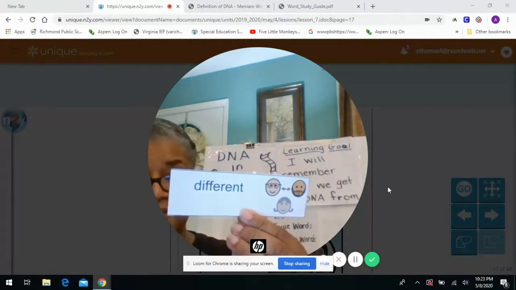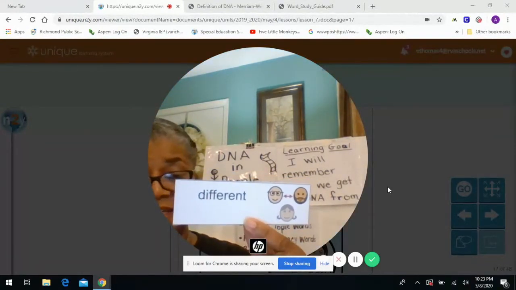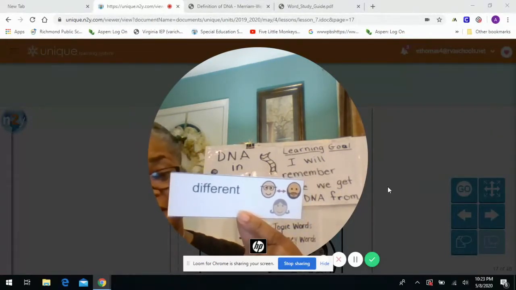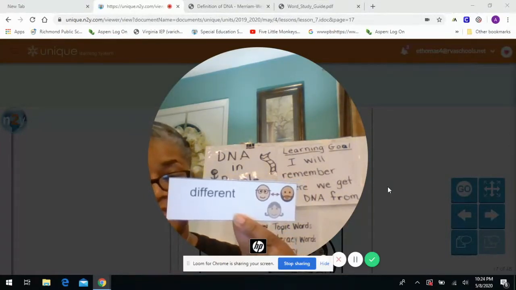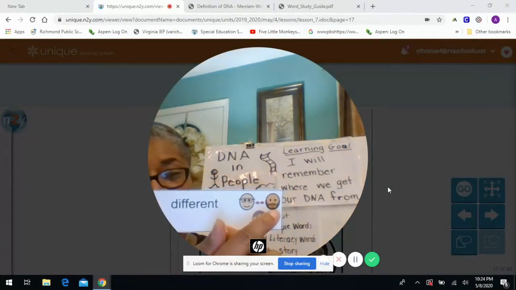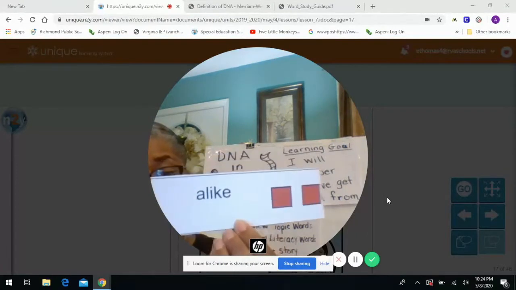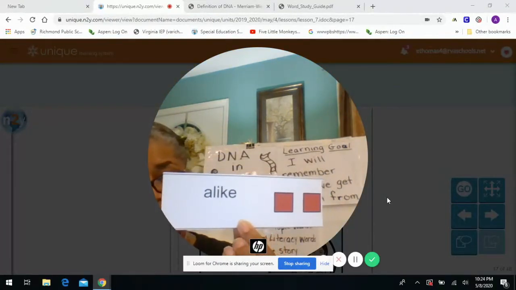Sometimes we look what? Different. That's all part of our DNA. Everybody doesn't look the same. We may look like our mother and father, but everybody has something different. See, glasses and a beard, something different. We do sometimes look alike. And what does that word mean?